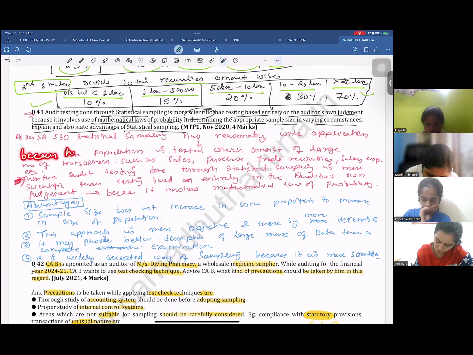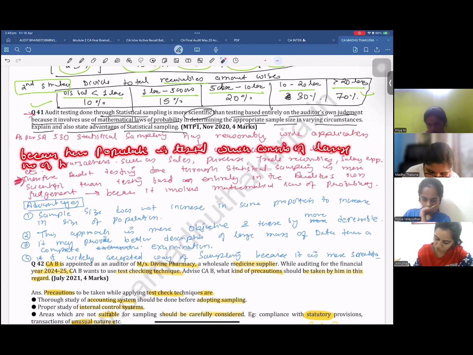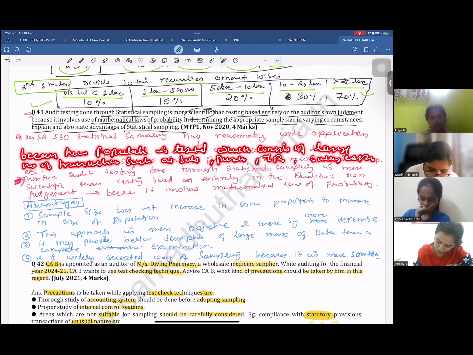Because here the population tested consists of a large number of transactions, such as sales, purchases, trade receivables, salary expenses.